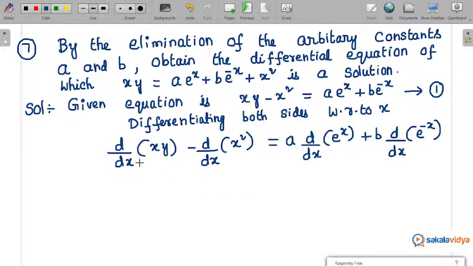Now xy differentiation. My dear students, remember in differentiation we have the product rule: d by dx of uv is equal to u into dv by dx plus v into du by dx. So here we need to make use of the product rule.